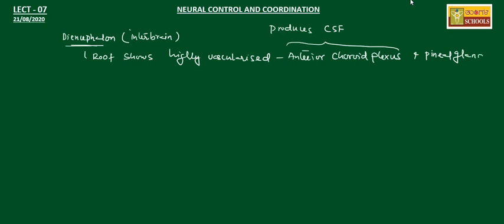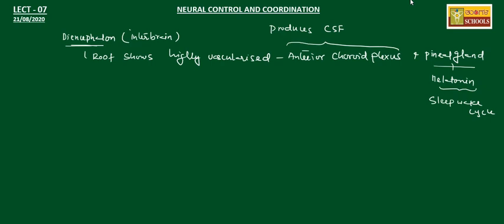The pineal gland is also present on the roof of this diencephalon. The pineal gland produces a hormone called melatonin, and this melatonin controls the sleep-wake cycle. We'll see all these hormones in the next chapter.